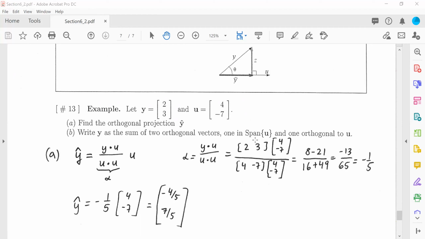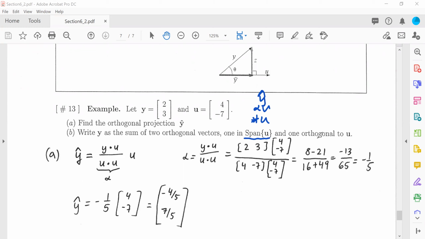So a vector in span u is nothing else but some number times u, or you can say alpha u, or nothing else but y hat. So the vector in span u is my projection.